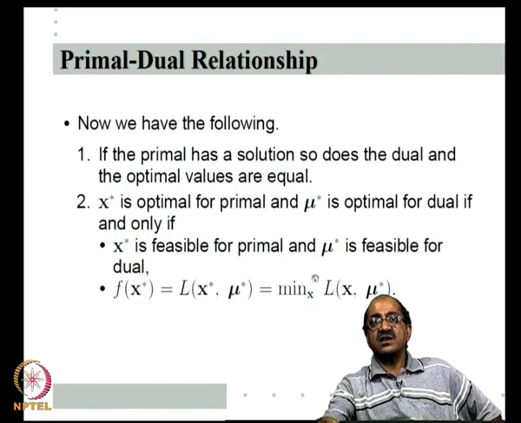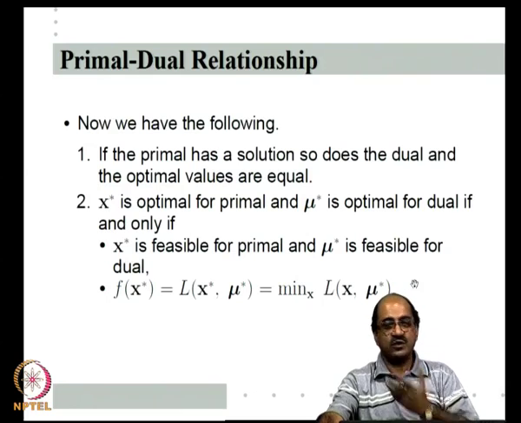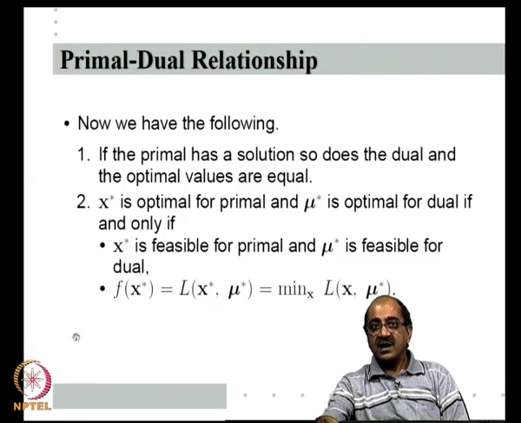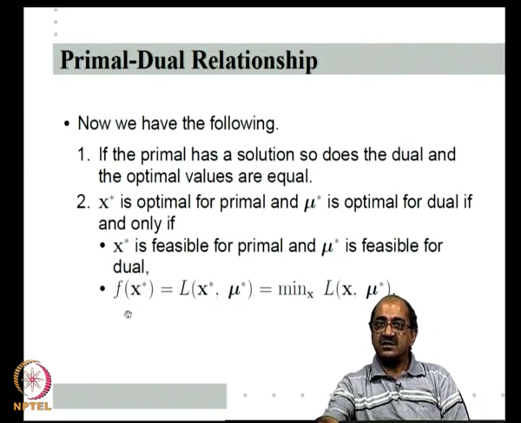One is x star is feasible for the primal and mu star is feasible for the dual, obviously. The second condition is f(x star) should be equal to L(x star, mu star), which should be equal to the min over x of L(x, mu star).